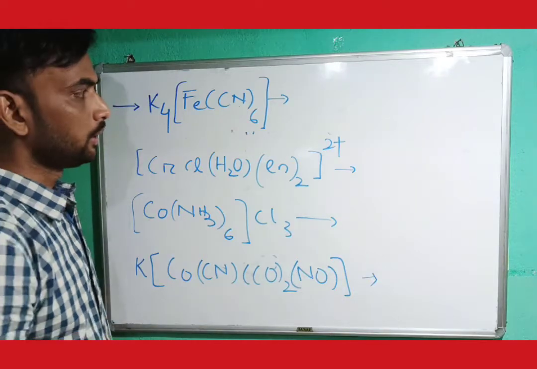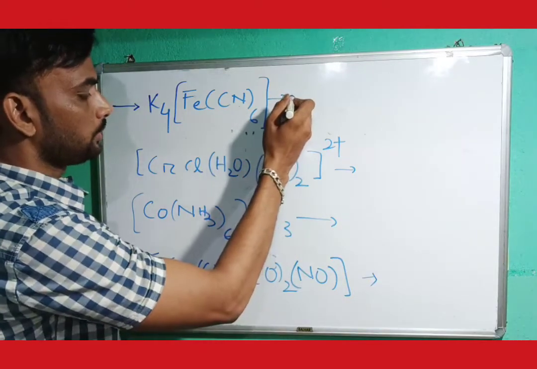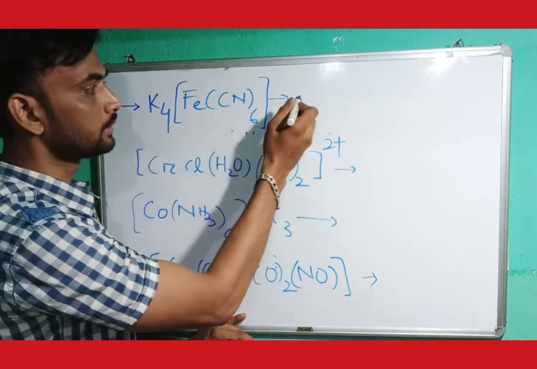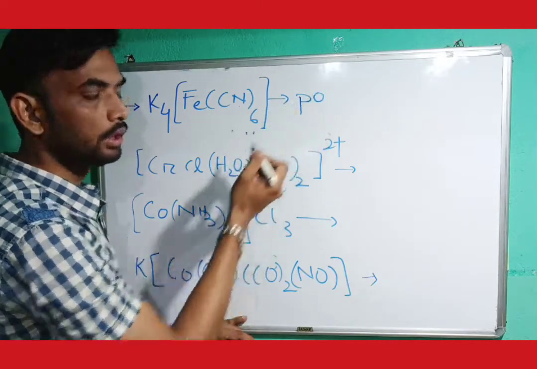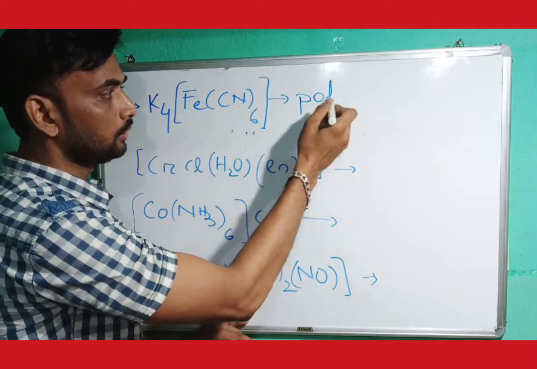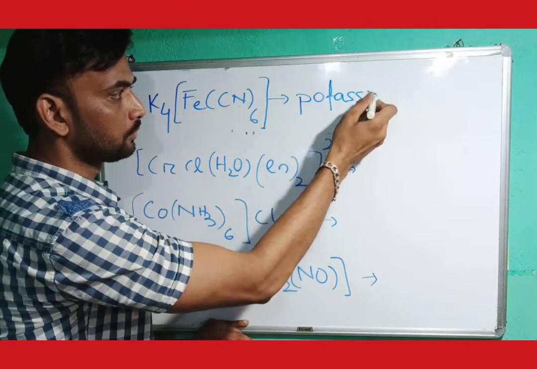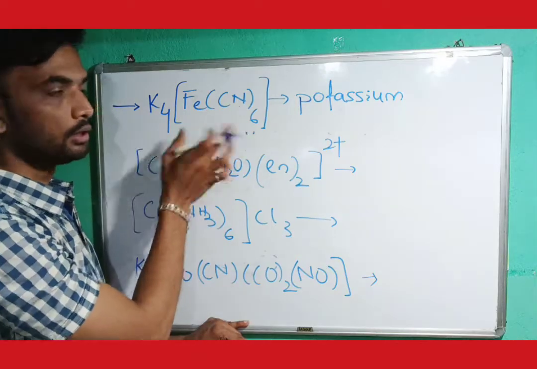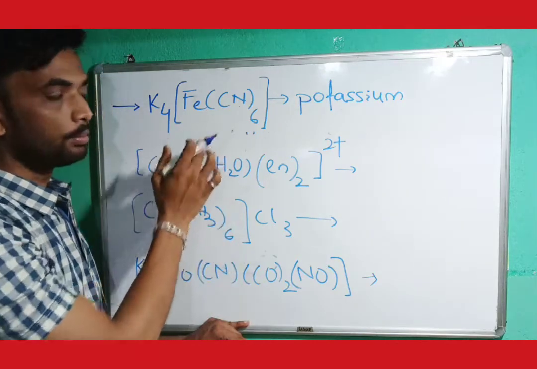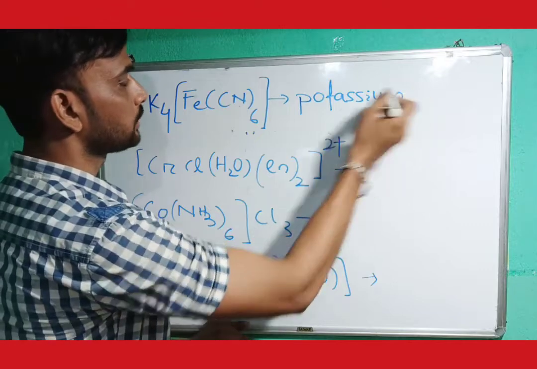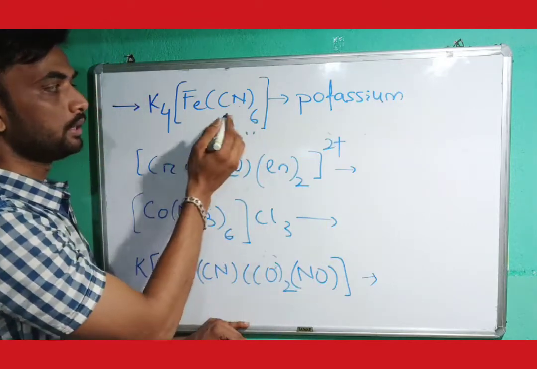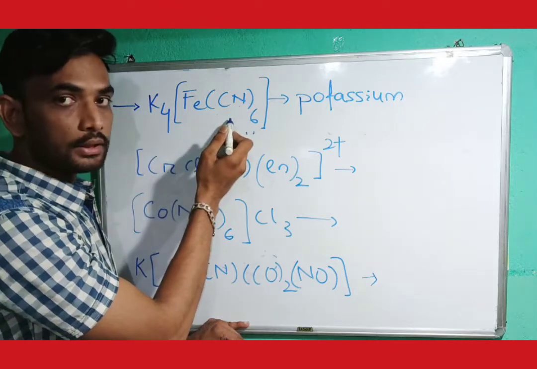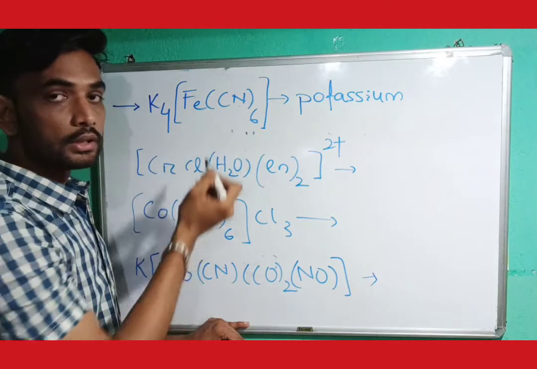After that, according to the IUPAC rule, we write the first name, starting with a small letter, which is potassium. After potassium, you go through the complex part. In the complex part, there are two parts: one is the metal atom, the second is the ligand.